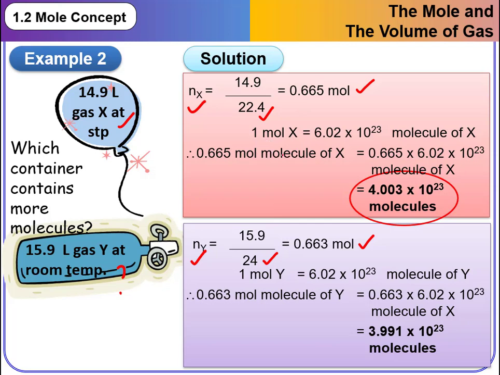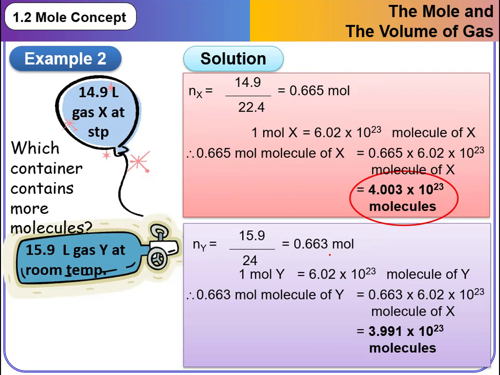We know that 1 mole of X contains 6.02 times 10 to the power of 23 molecules of X. If you have only 0.665 mole, how many molecules of gas X are present? This will be equivalent to 4.003 times 10 to the power of 23 molecules of X. How about gas Y?